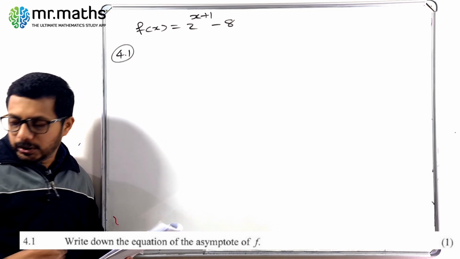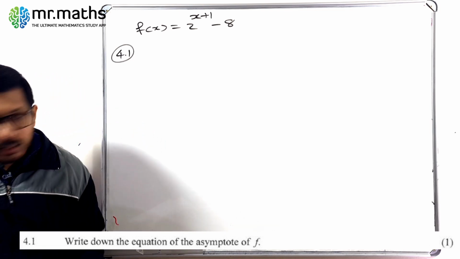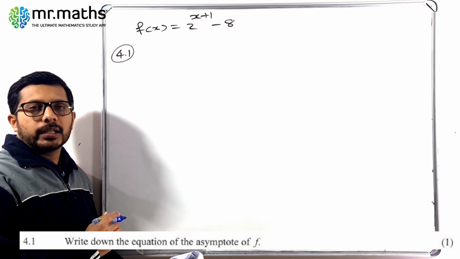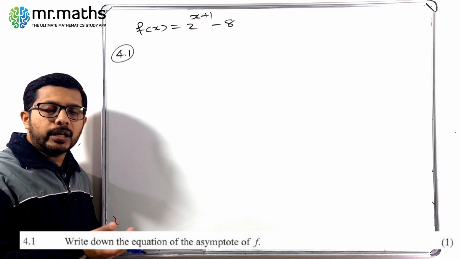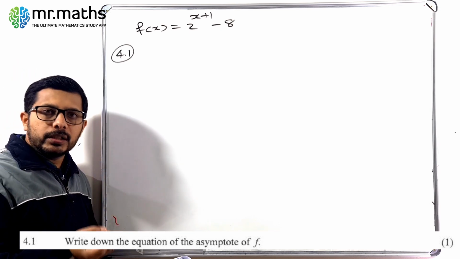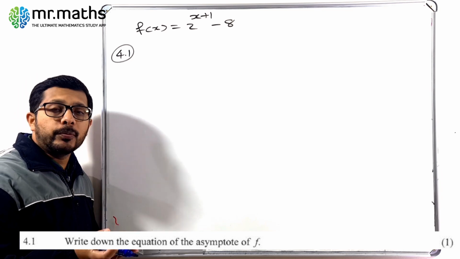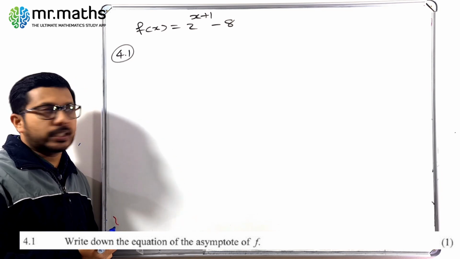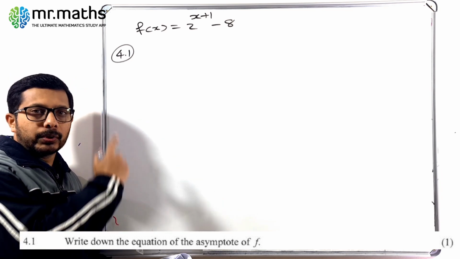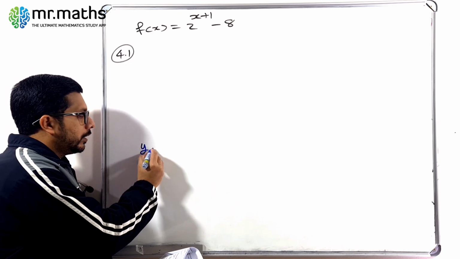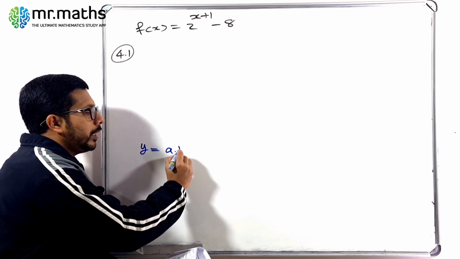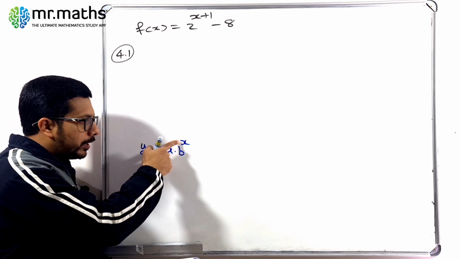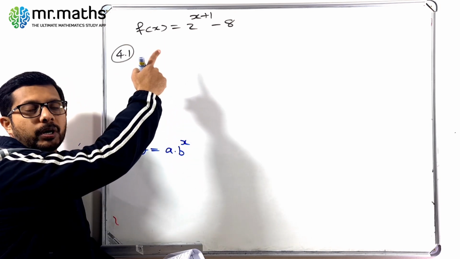Asymptote of f. So here, what type of equation is that? Is it a linear or a quadratic or a hyperbolic or an exponential function? 2 raised to x, y is equal to a into b raised to x plus q. The variable is as a power there.